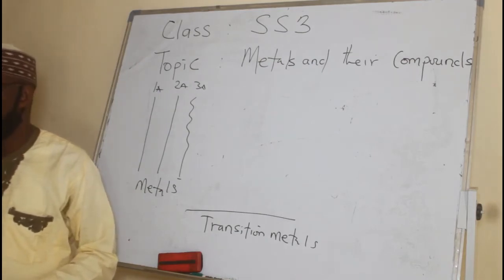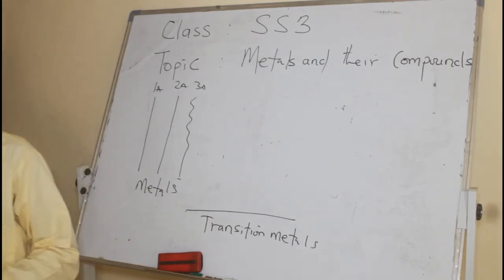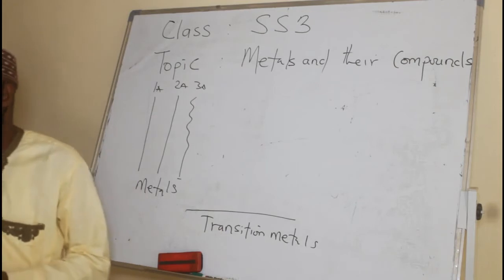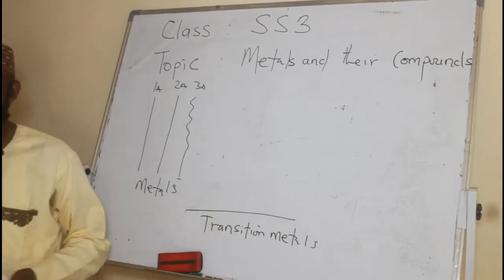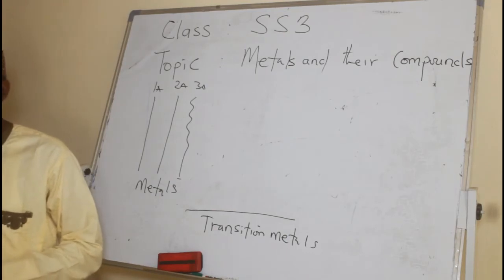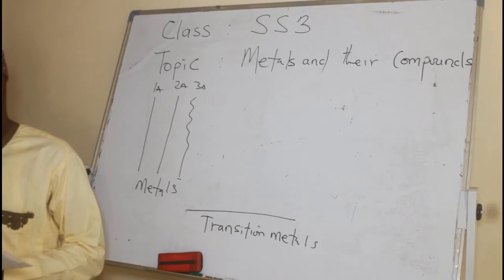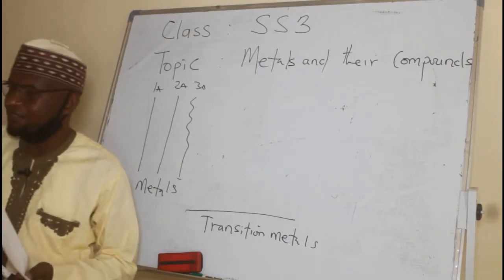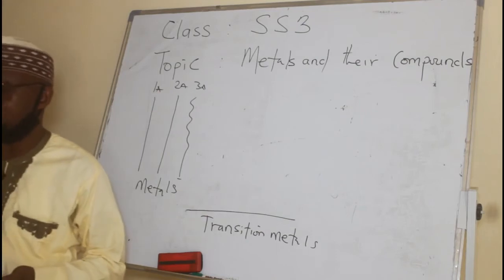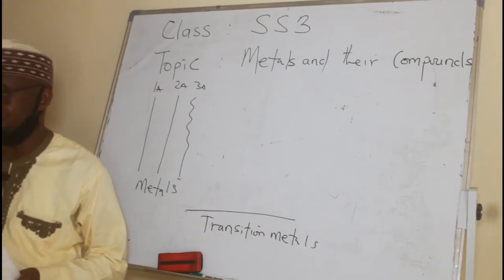So metals, as I have said earlier, apart from this electropositivity, or I may say the electropositivity determines some of their properties. The main physical properties common to all metals are ductility and malleability. Some of them are hard, very hard. They are good conductors of heat and electricity.